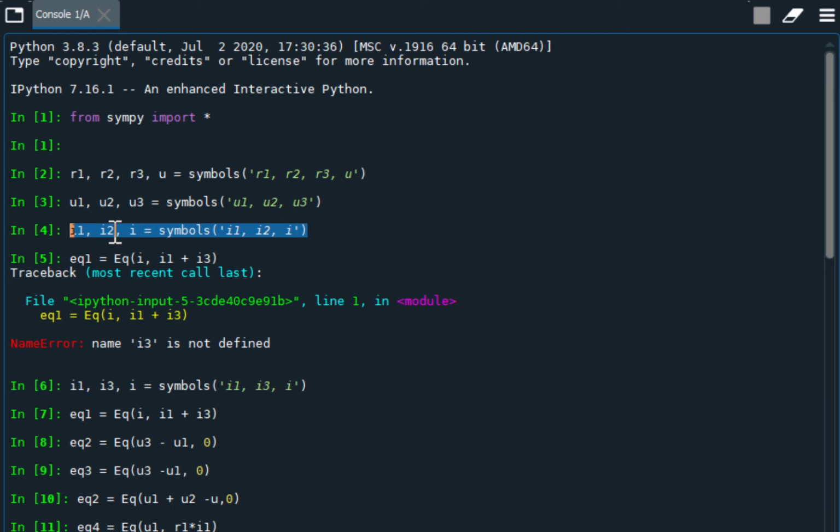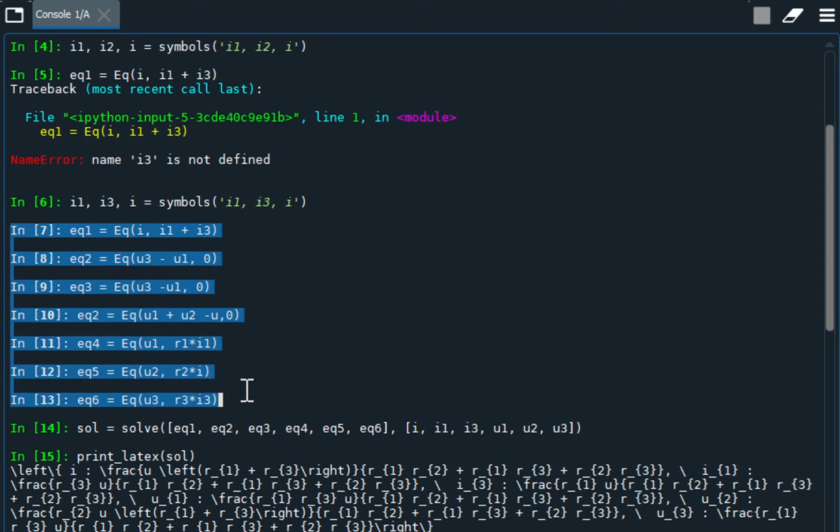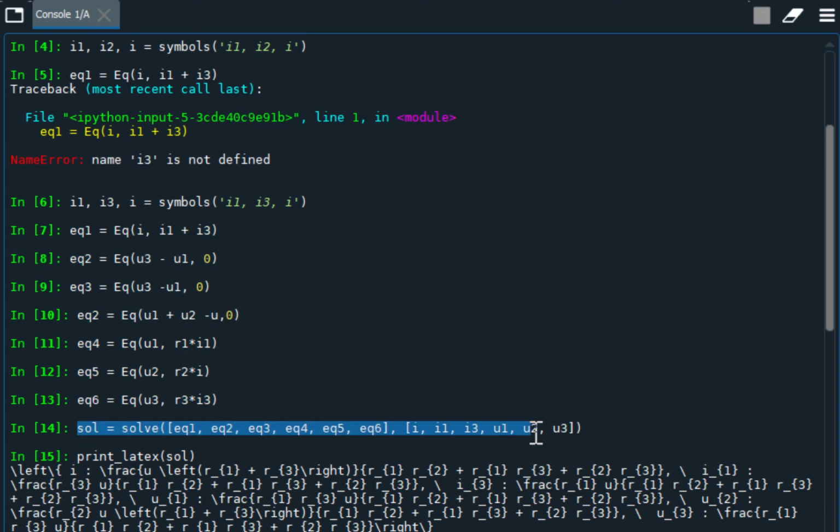I mistyped: I didn't have I2, I had I3, so it shows up in a different place, of course. And then carefully typing these 6 equations here. If you make a typing mistake here, it will also be a mistake in the result, of course. Then the solution part, solving this equation group, is the easiest part. It's just typing solve, which equations, what to solve, and then printing out the result.